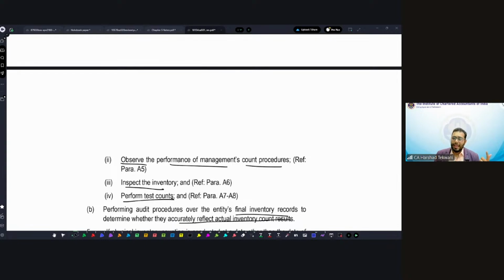It is not possible every time to conduct the inventory count on 31st of March, even for management. So let's say the last inventory count was conducted on 20th March 2025. This is the last count, and you have the records of that.